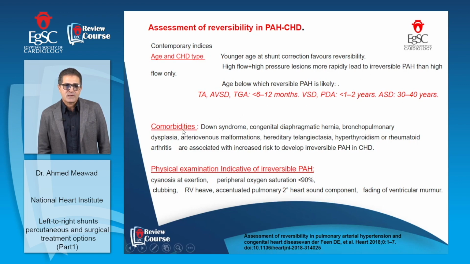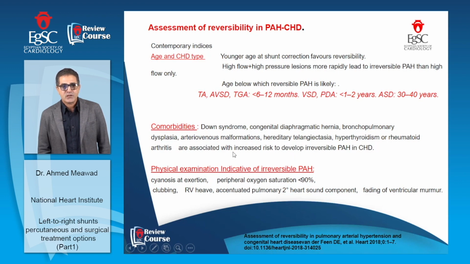The comorbidities: if these comorbidities are present, they may cause early and severe pulmonary hypertension, and the patient may reach the irreversible stage earlier than other patients, like Down syndrome, congenital diaphragmatic hernia, bronchopulmonary dysplasia, and others.